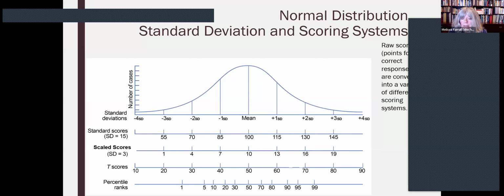Sometimes the same test will have multiple scoring systems. And before your head explodes, what you really need to realize is that these different scoring systems are kind of like moving from yards to feet to inches. They're all in the end going to give us the same information. They're going to give us that placement along the bell curve.